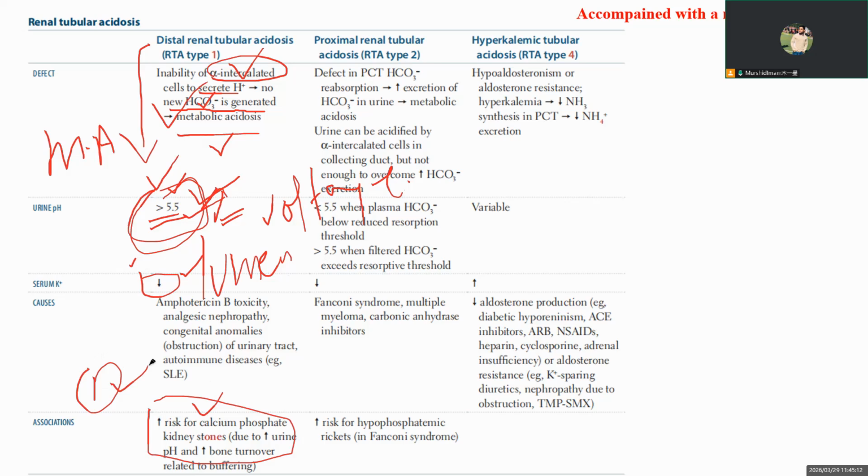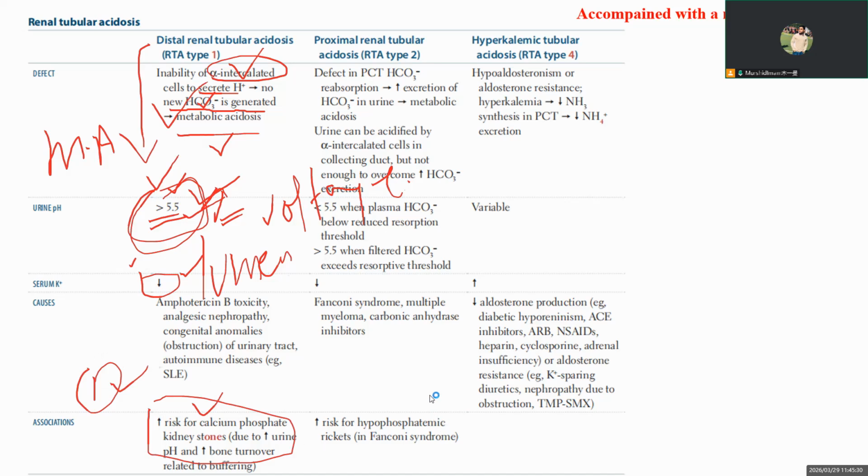The second reason is that the body is in a state of chronic acidosis. The bones act as a buffer, so the body leaches the calcium and the phosphate from the bones to neutralize the acid. So this leads to hypercalciuria.